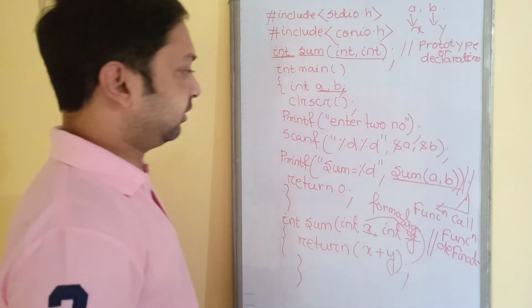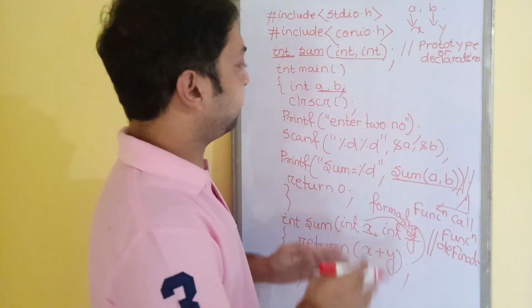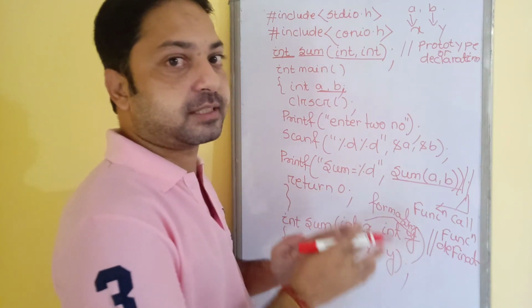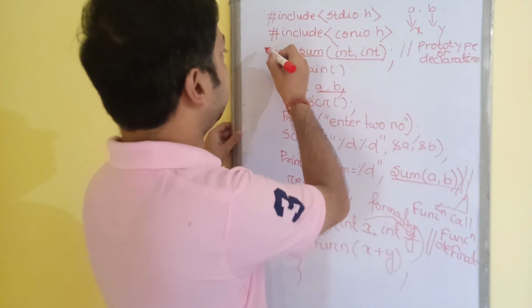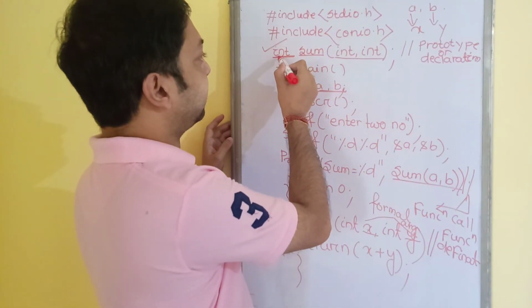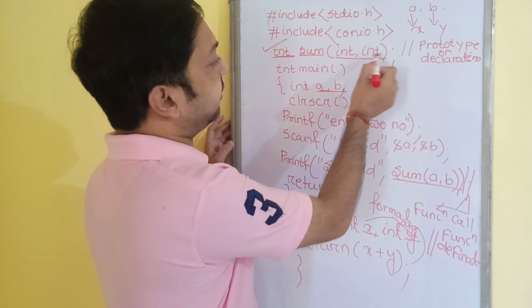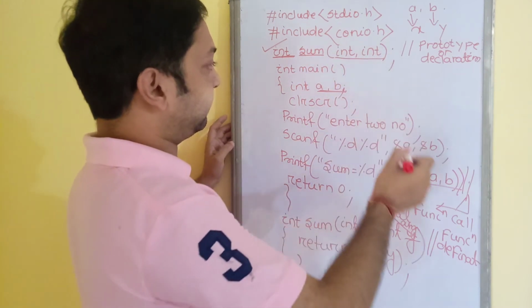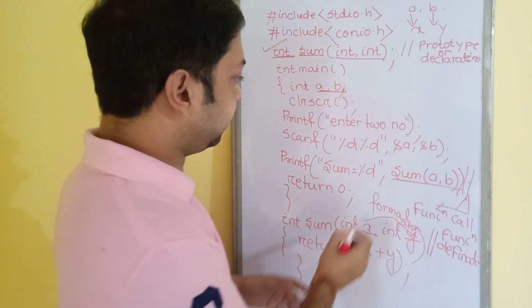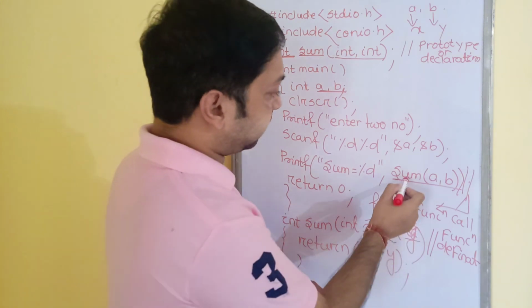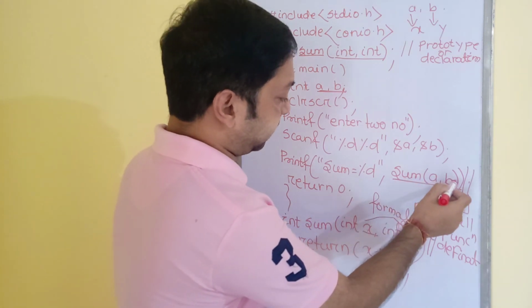So now we can see in this particular program that every user defined function must have three different parts. So the first one is your function prototype or declaration. You can see here this is the return type, function name along with your argument list, that is your data type, type 1, type 2. Similarly, this is the function call, and the function call contains the name of the function along with the actual arguments.